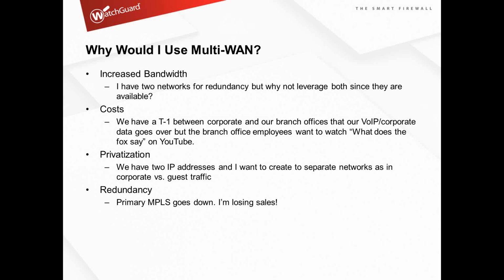So there you would look at being able to share that connection. The T1 would handle your corporate traffic, while your public internet traffic would go over a cheaper Comcast connection.